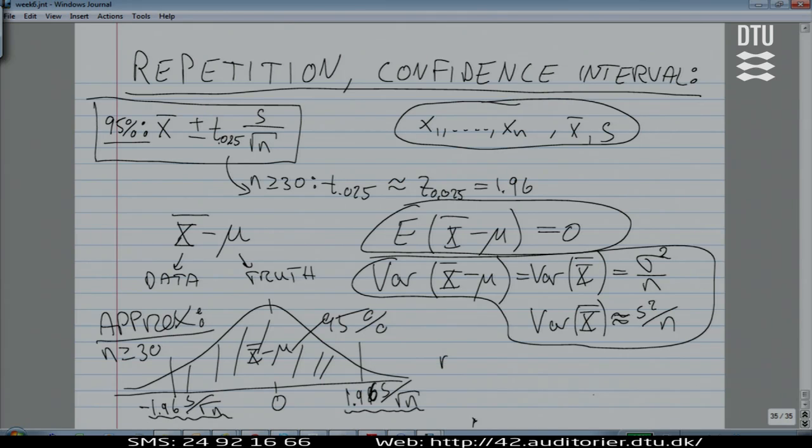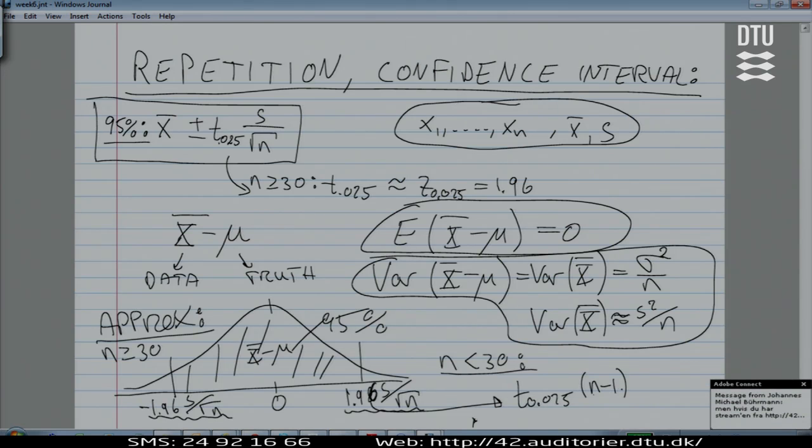Now, if n is less than 30, instead of using 1.96, I use t 0.025 with n minus 1 degrees of freedom. I already said that previously. That is the concept of the confidence interval, right? We use that we know the distribution of the thing that we are using, the average.